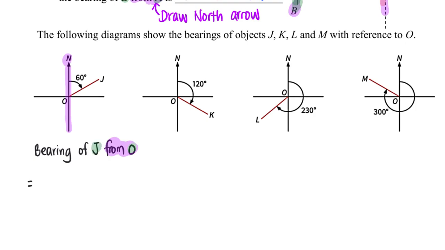O and J is going to be our ending line. We draw the arrow to denote the angle, which is our bearing. In this case, this equals 60 degrees. But remember, we need to make sure that it is a 3-digit number.